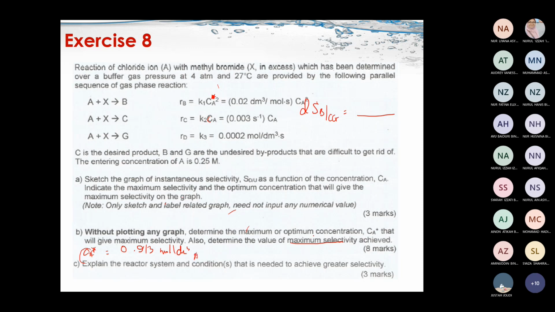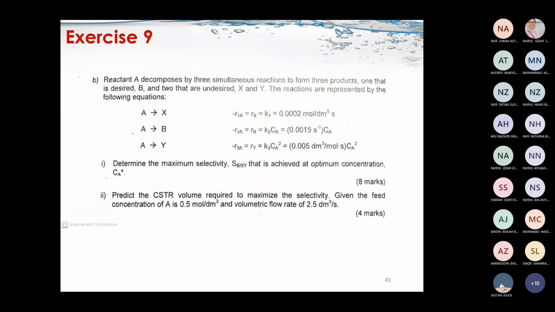Okay, so itu maksud dia maximum selectivity. Okay, so ini jawapannya dalam lebih kurang 0.1752. Okay, so siapa yang dapat lain value boleh bincang dengan saya lah, takut saya juga yang tersilap kira. Okay, and this one you also can try.